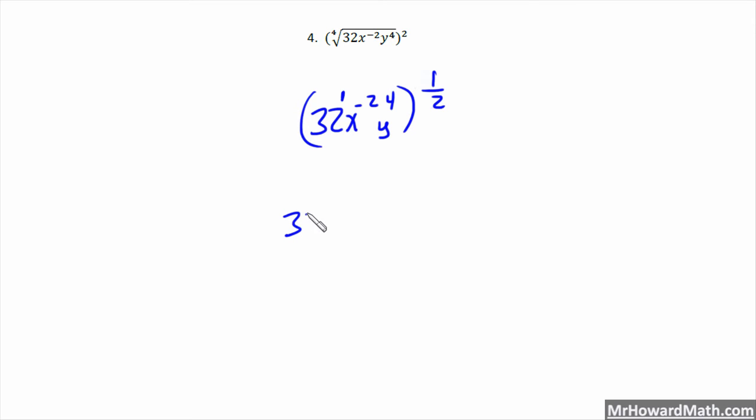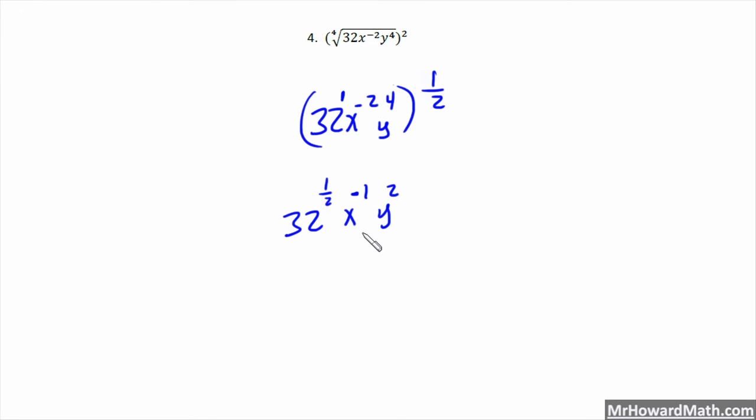So that would be 32 to the 1/2 power, and x to the negative 2 times 1/2 is negative 1. So I'm going to make that negative 1. Negative 2 times 1/2 is negative 1. Y to the fourth times 1/2 would be y to the 4 over 2, which is y squared. Half of 4 is 2, right?